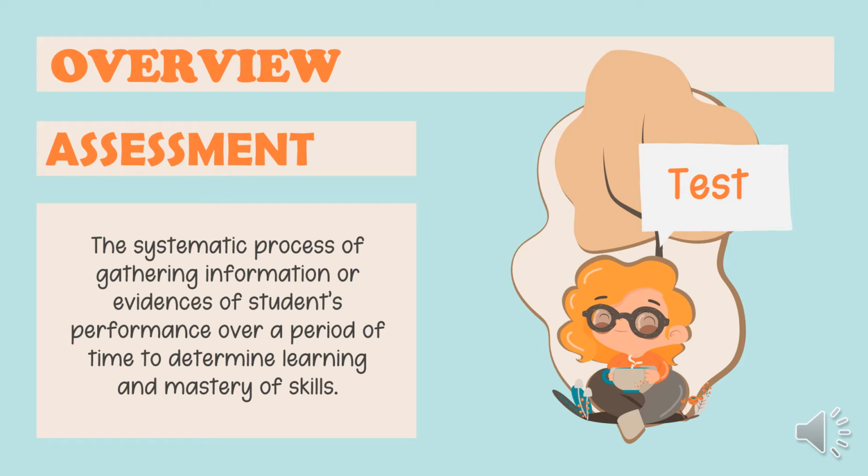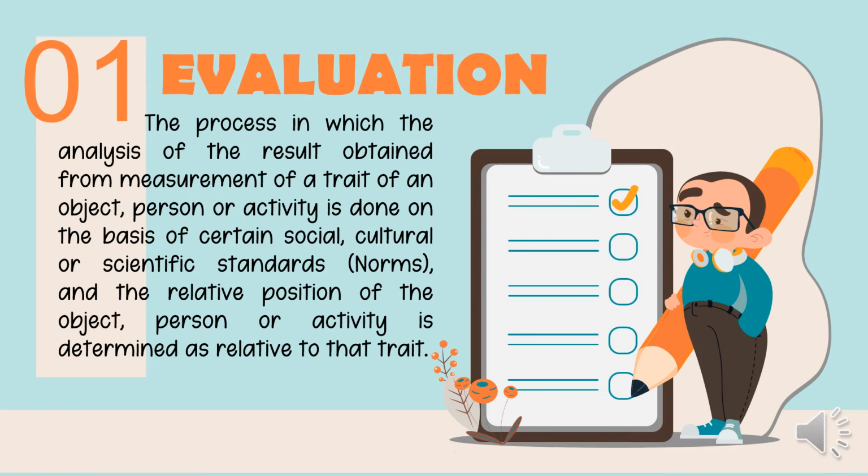Now, on the other hand, evaluation is the process in which the analysis of the results obtained from measurement of a trait of an object, person, or activity is done on the basis of certain social, cultural, or scientific standards, and the relative position of the object, person, or activity is determined as relative to that trait.